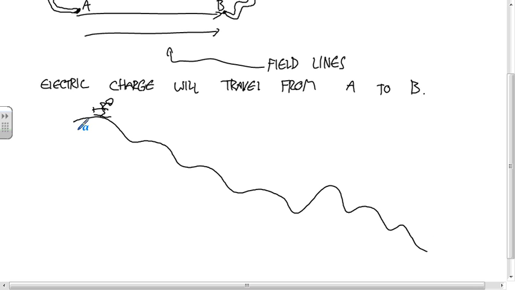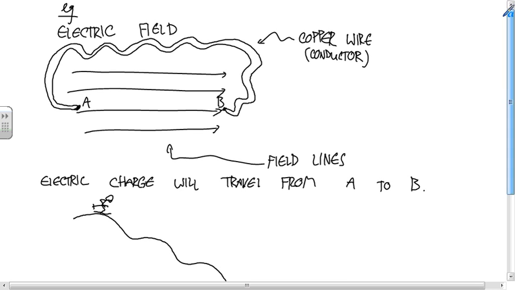How could we figure this out? We don't know anything about the shape of the mountain. But a key thing about conservative forces is all the stuff that happens in between doesn't matter. The only thing that matters are the potential energies at the two ends. Okay, and so that's what's going on here too.